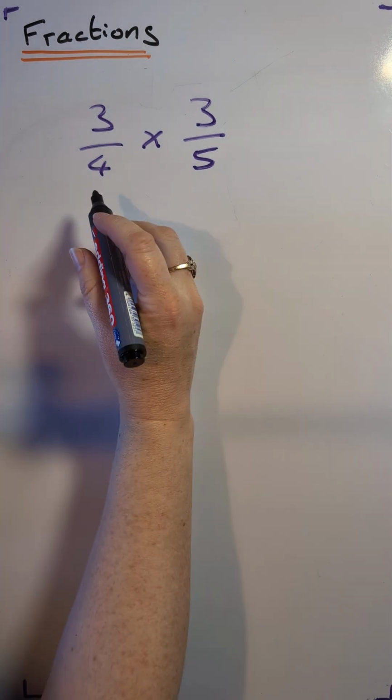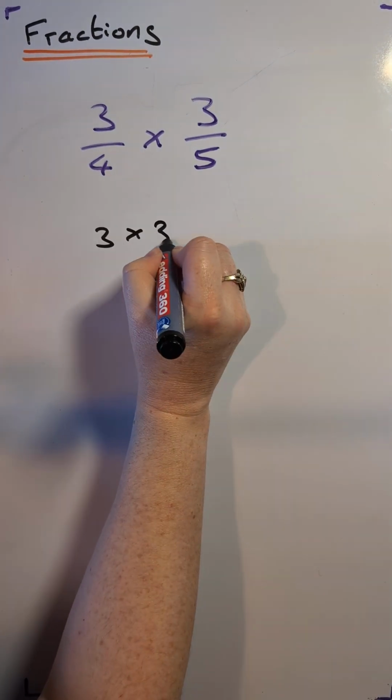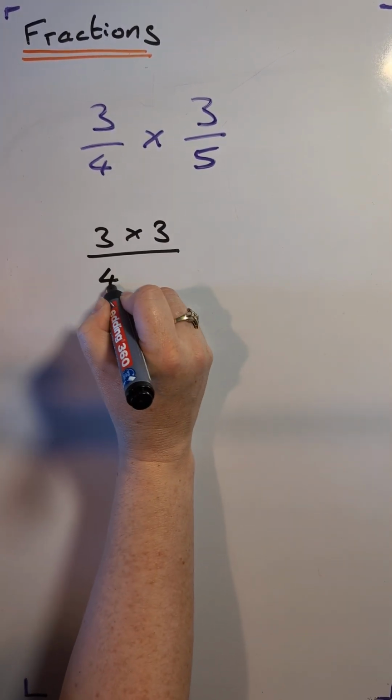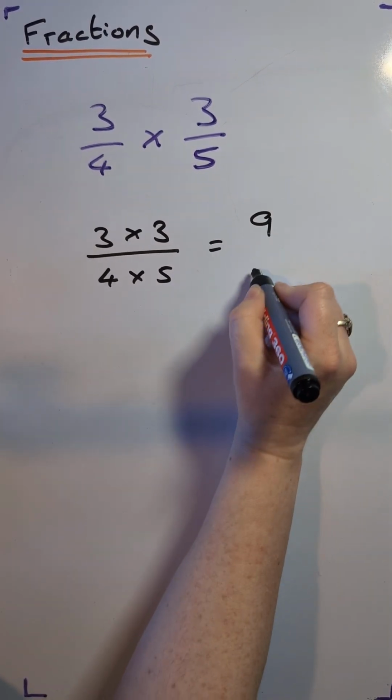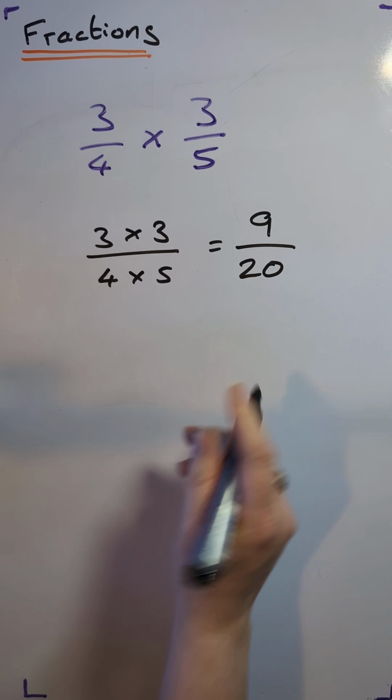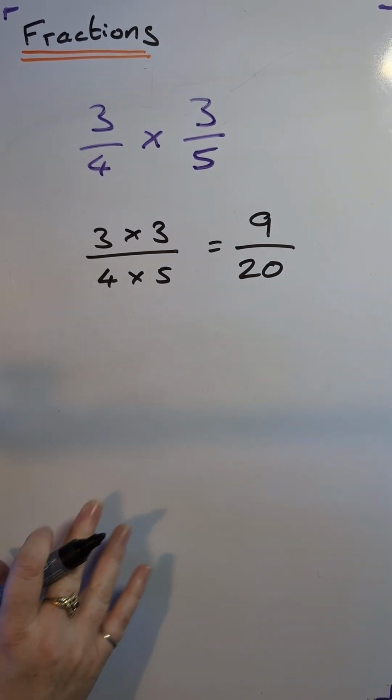So you're going to do 3 times 3 on the top and 4 times 5 on the bottom, which gets us 9/20.